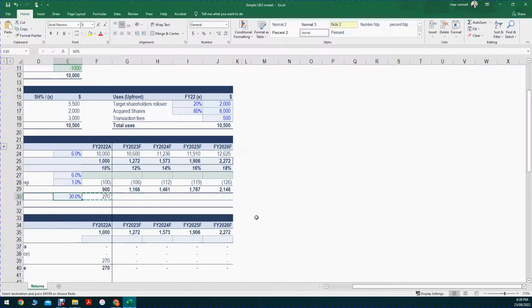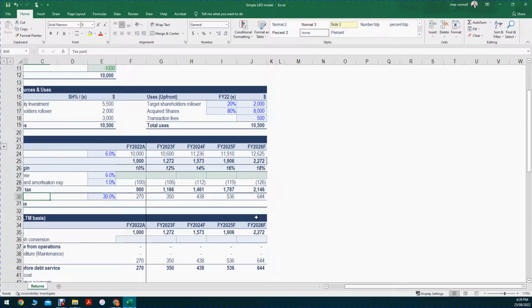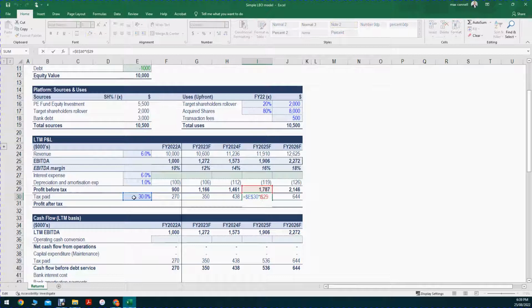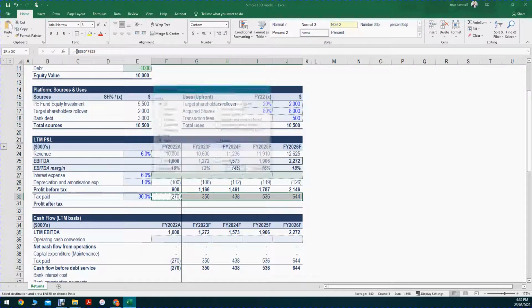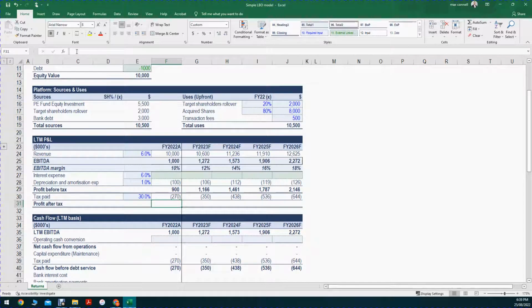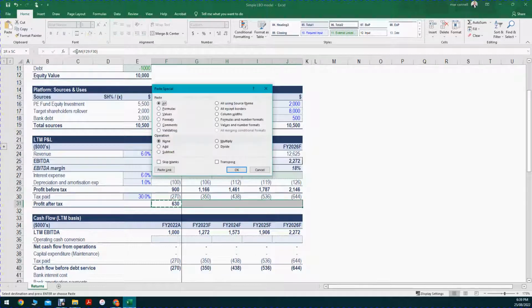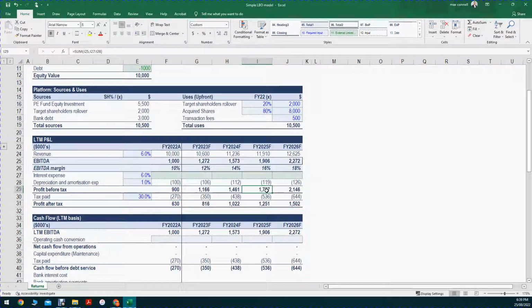And I've locked the first cell, so you can see as we drag it along, it's still linking to this one over here. So I'm going to make these negative as well because it's a deduction. And that means our profit after tax is just equal to the sum of those two numbers, which is profit before tax less tax paid.